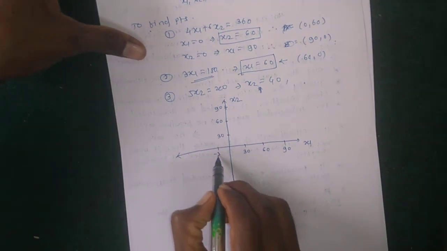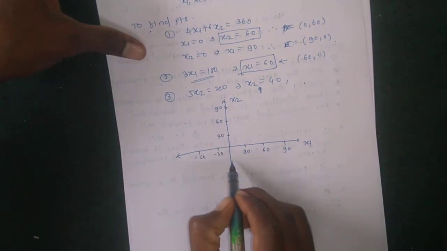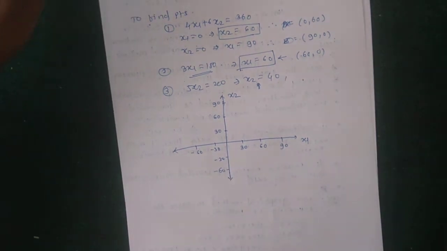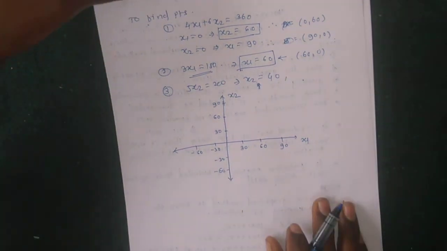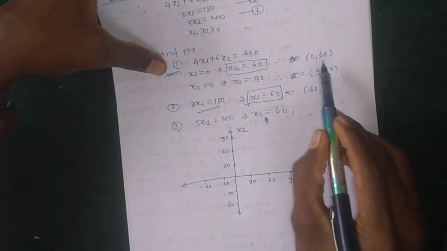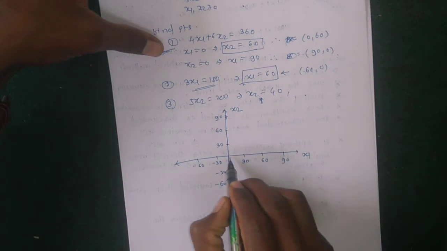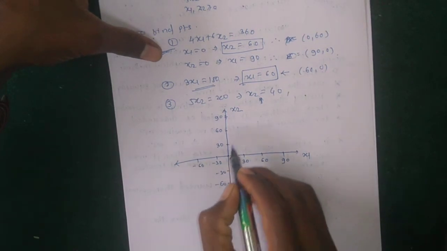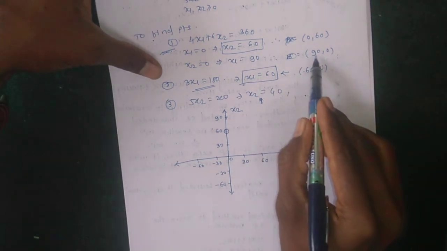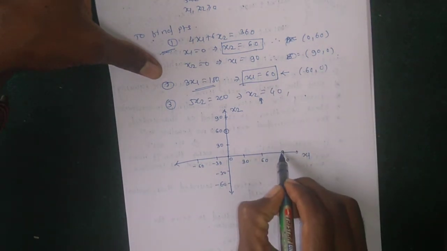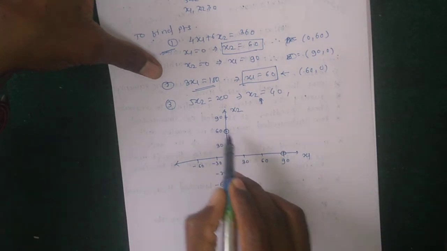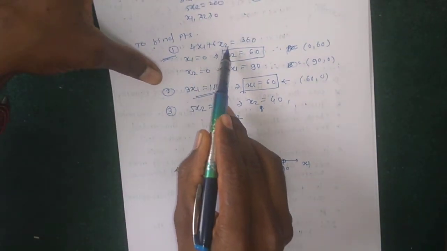In this way also minus 30, minus 60. The points of the first equation are (0, 60), where this is 0 and this is 60. Then the next point is (90, 0), with x2 equal to 0. These are the points of 4x1 plus 6x2.